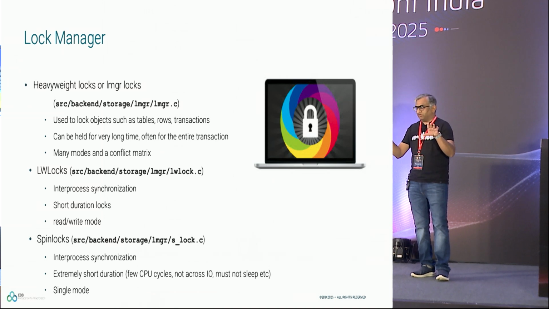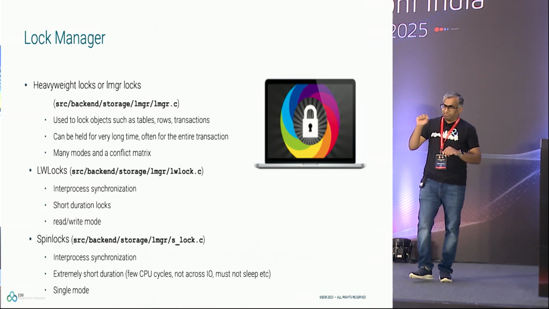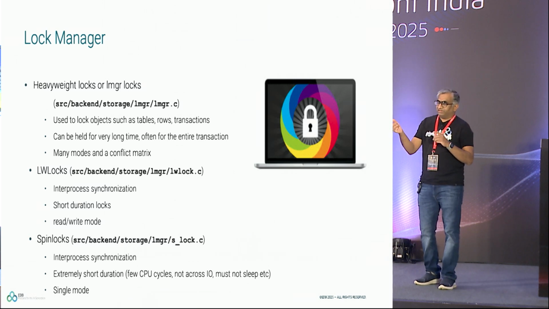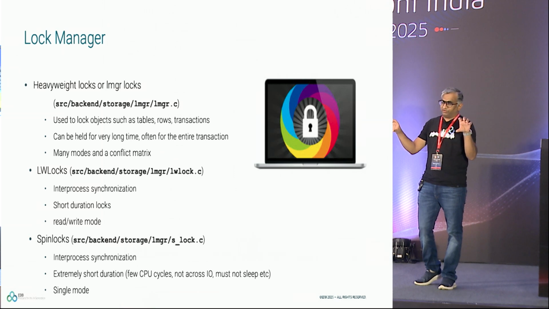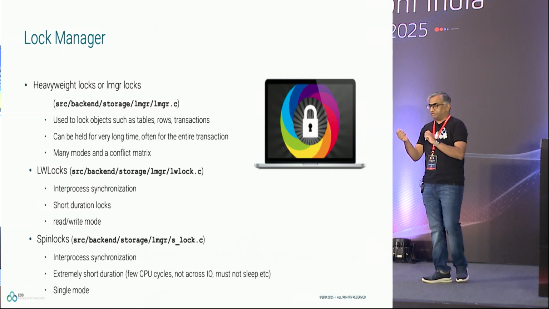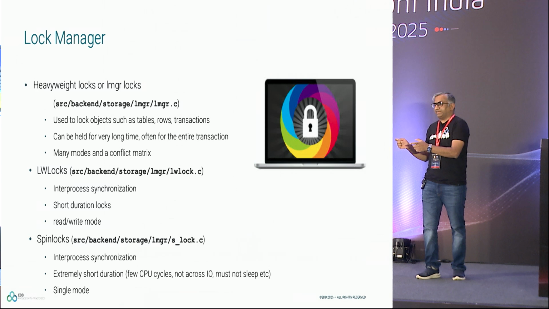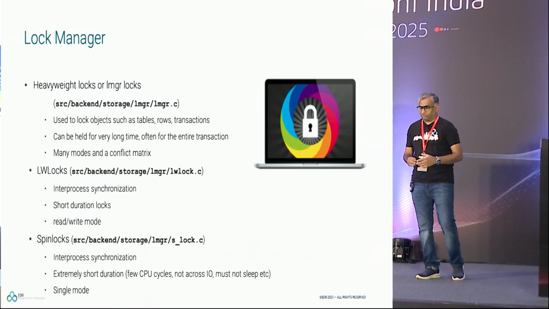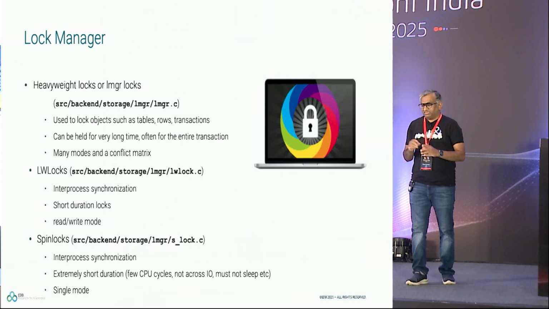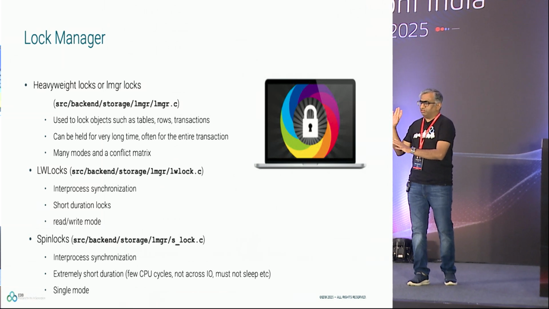These are heavyweight locks, and Postgres has a built-in mechanism to find deadlocks within this layer of locks. So if there is a deadlock between multiple processes, Postgres would detect it and abort one or more processes.